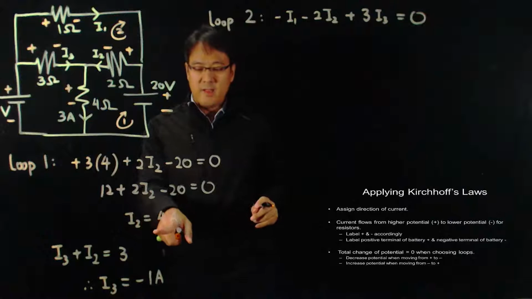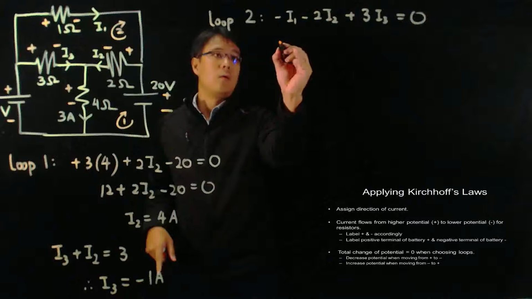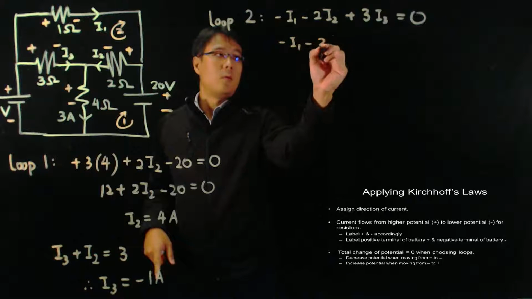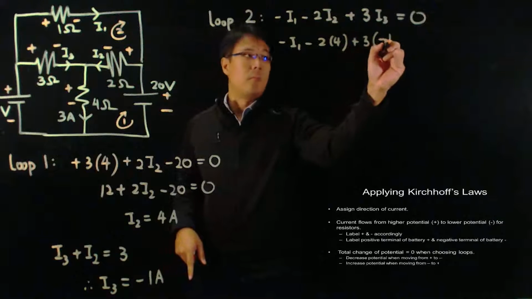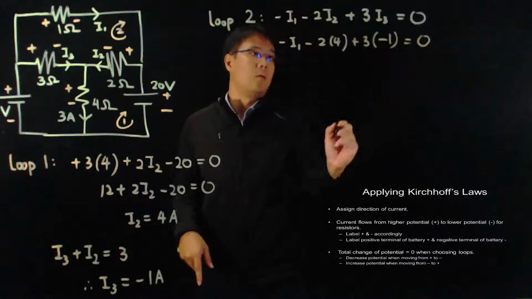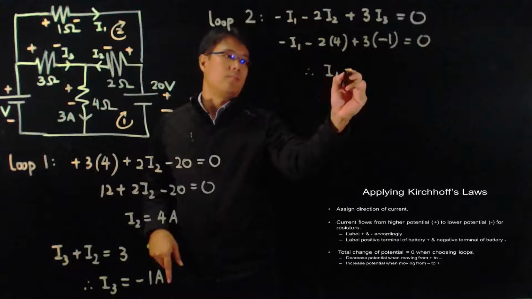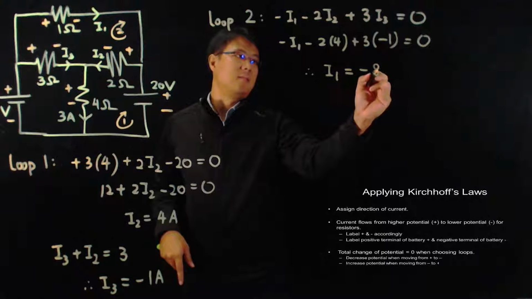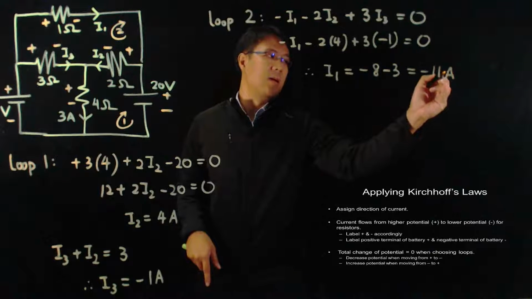We solved earlier that I2 is equal to 4, and I3 is equal to minus 1 ampere. Right. So therefore, I1 is equal to minus 8 minus 3, which is equal to minus 11 amperes.